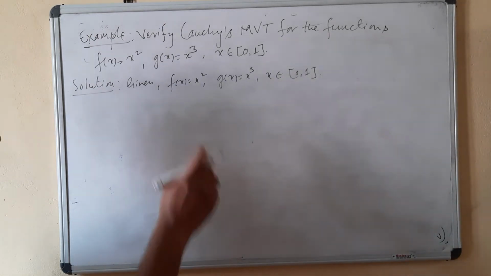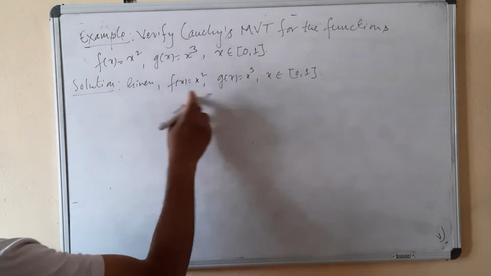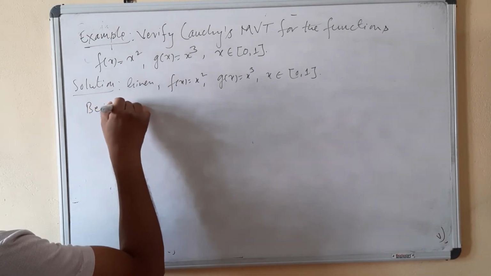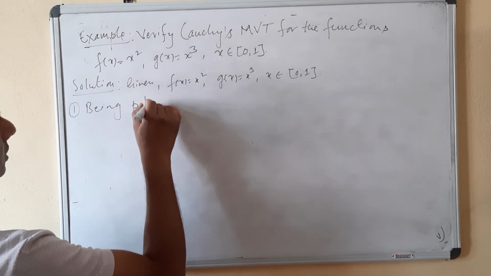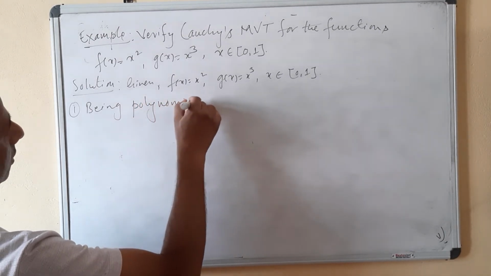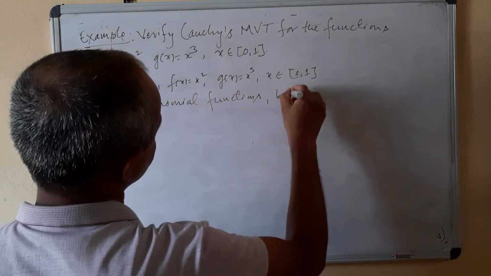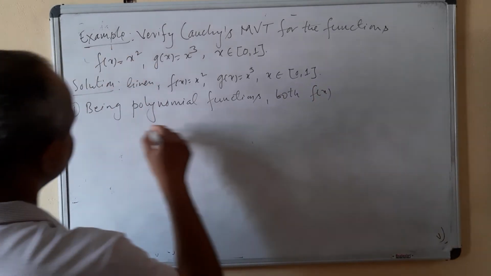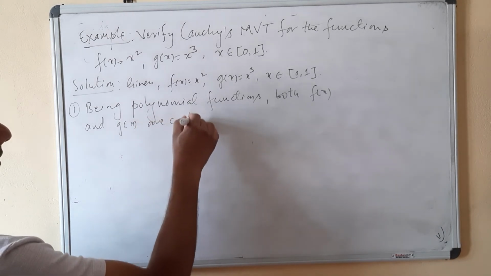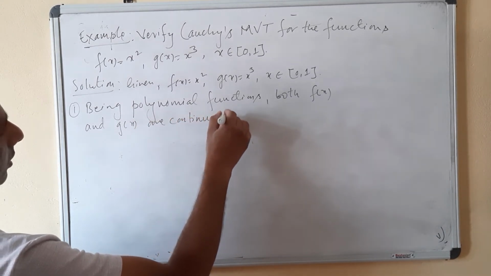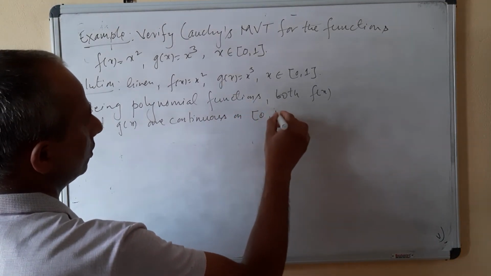First one, both of the functions must be continuous on the given closed interval. That's the first hypothesis. Being polynomial functions, both f of x and g of x are continuous on closed interval 0 to 1.